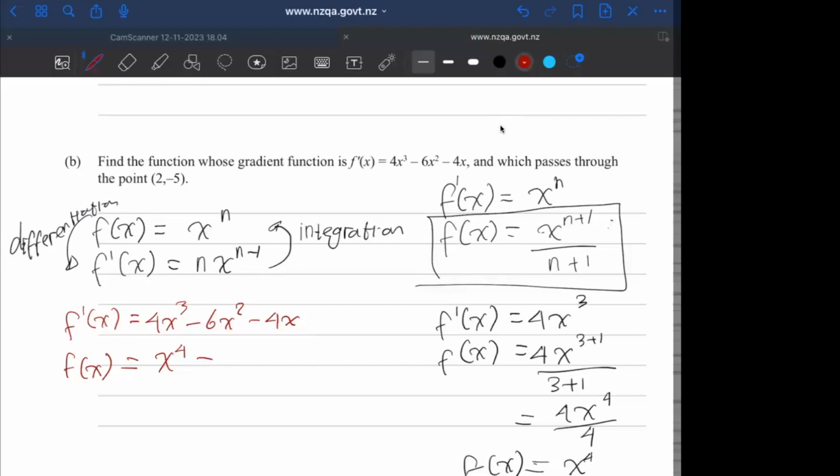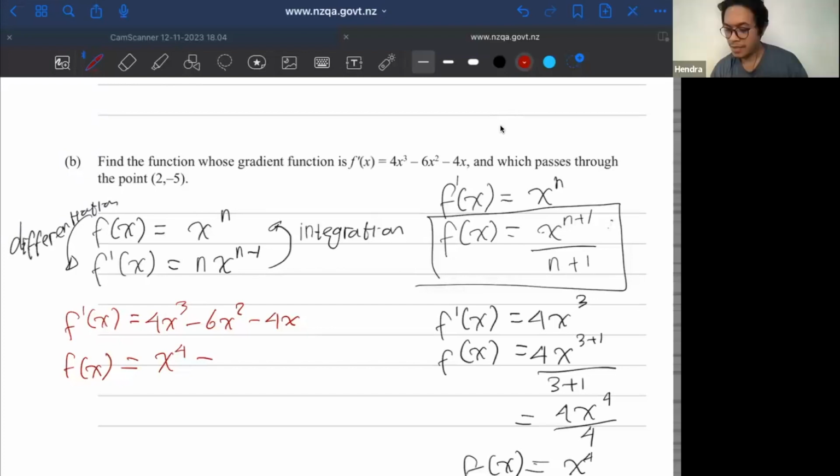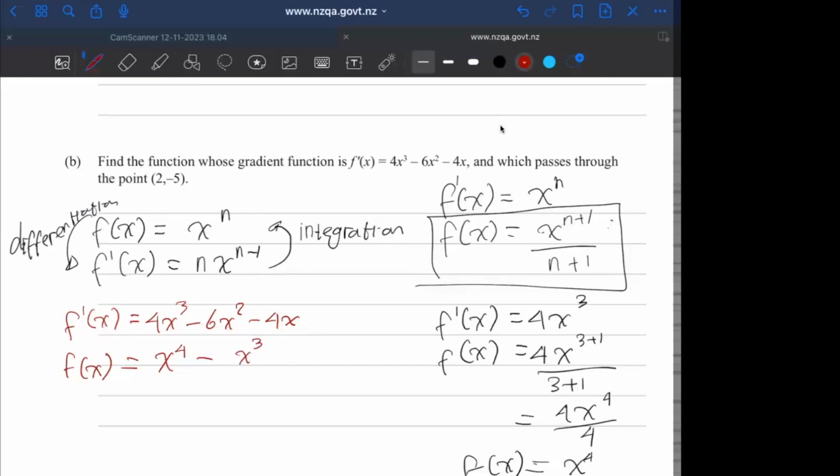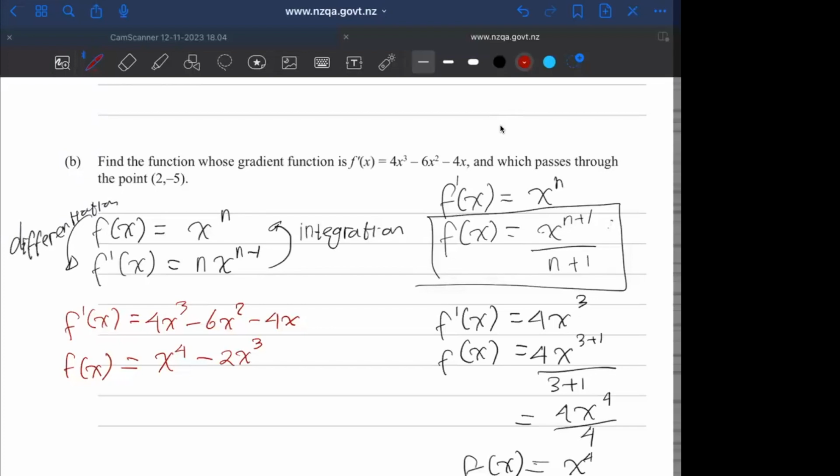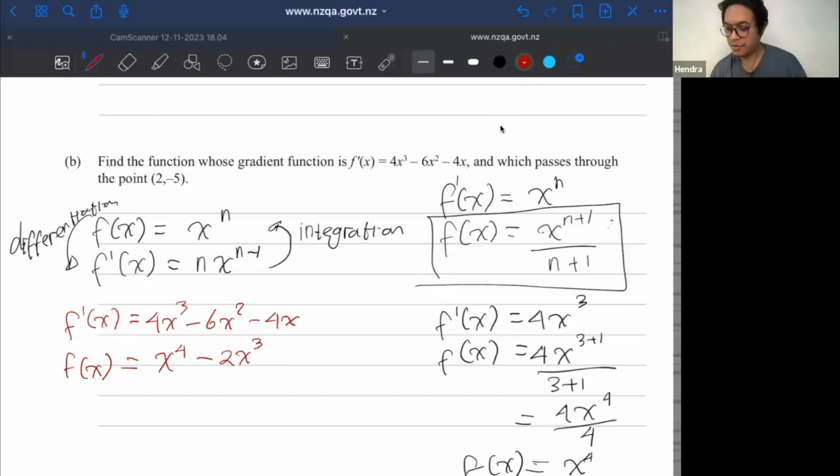The second one would be x to the 3, and then the last one there would be 2 here, 2x cubed. And then the last one, I guess, would be 2x squared. 2x squared, yes.